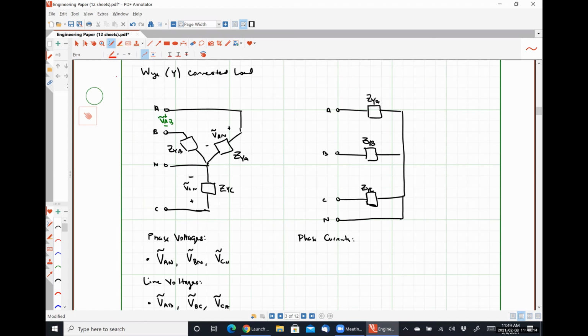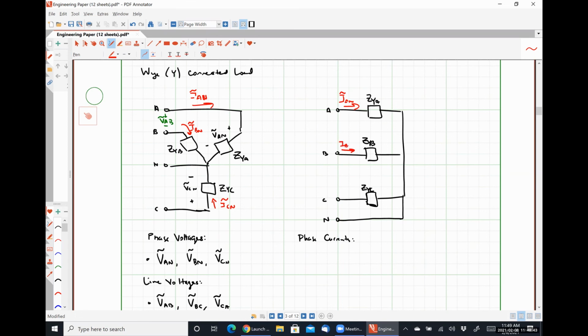Our currents are the ones going from the positive polarity terminal to the negative polarity terminal. So this would be IAB, sorry, not AB, AN, excuse me, ICN, IBN, etc.